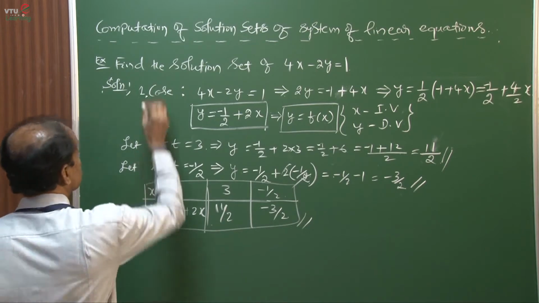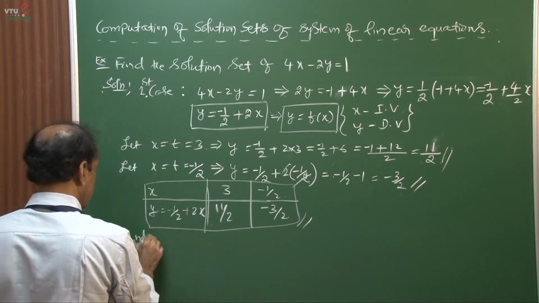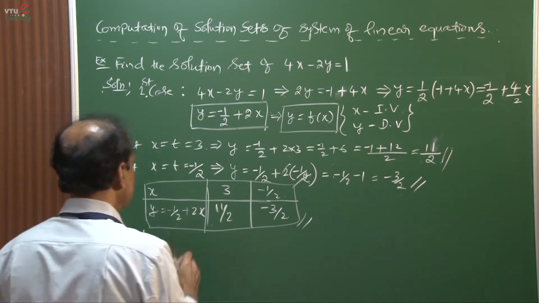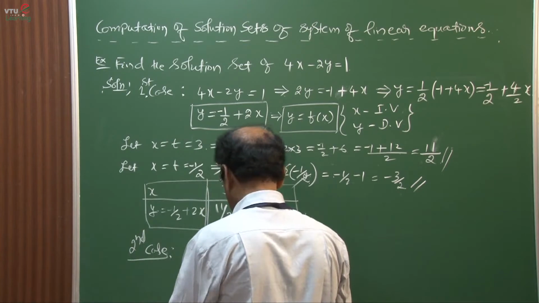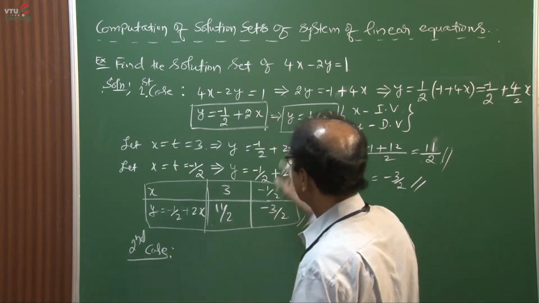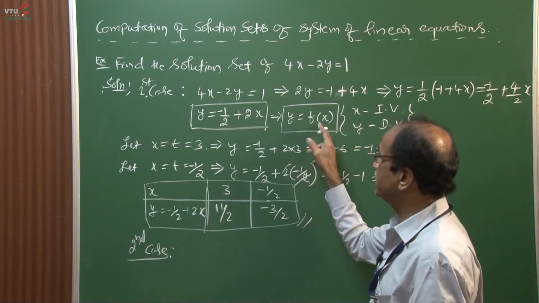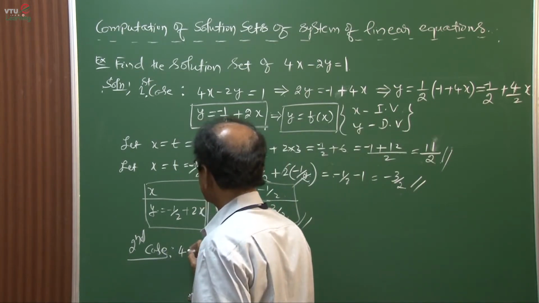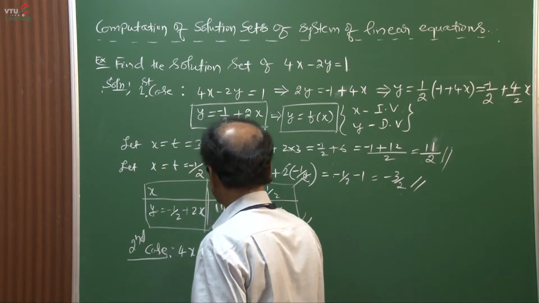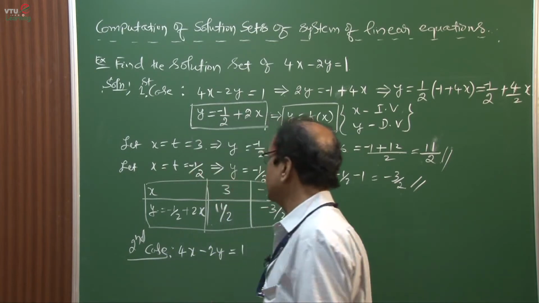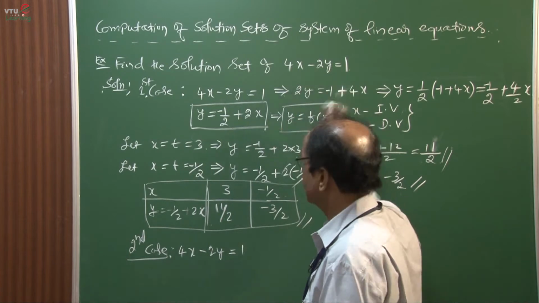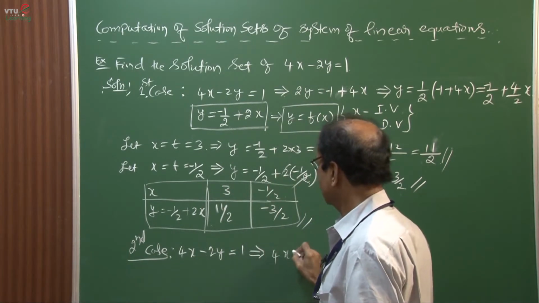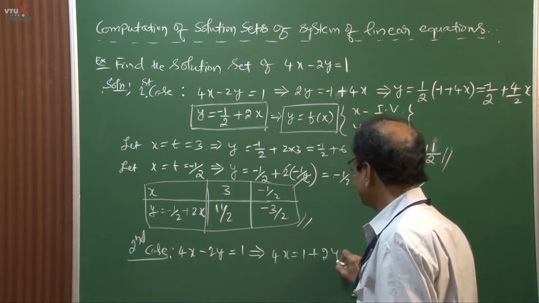Now second case, otherwise possibility you can write. The same equation you can take in another form, that is, instead of y equal to f of x, you can take it as x equal to f of y. Therefore the given equation is 4x minus 2y is equal to 1, can be taken as 4x is equal to 1 plus 2y.